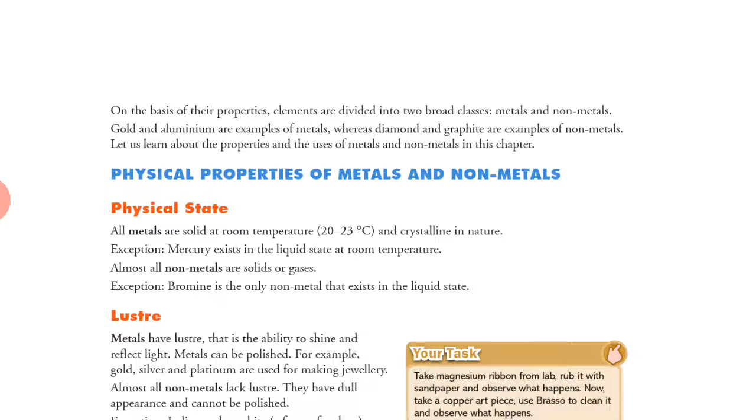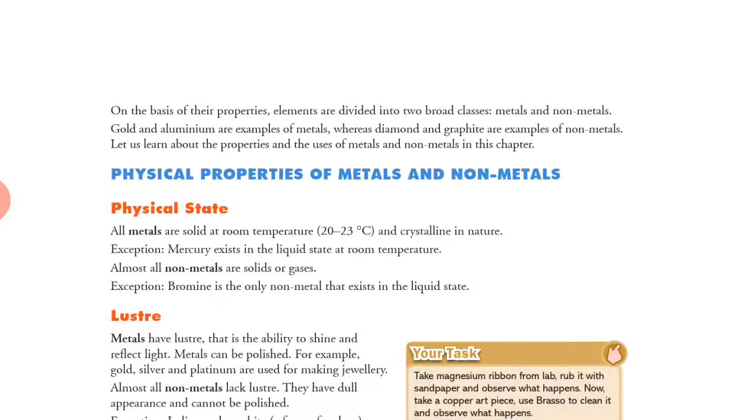So, the physical properties of metals and non-metals. In earlier videos I have also shared with you a comparison of the physical properties of metals and non-metals, and similarly a comparison of their chemical properties.